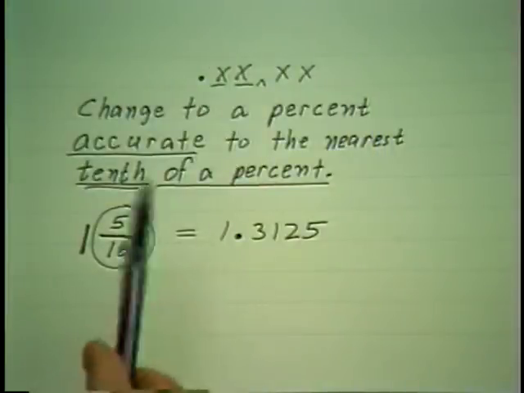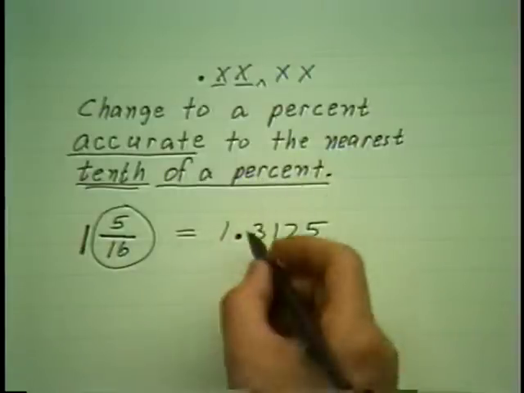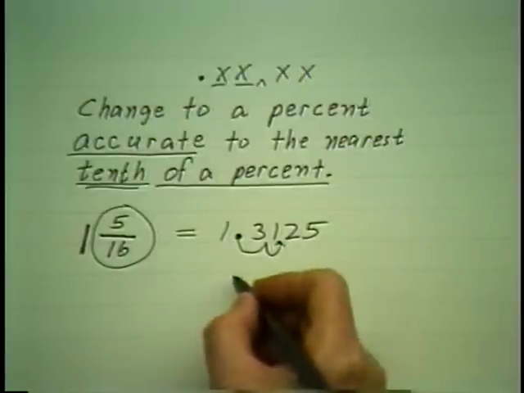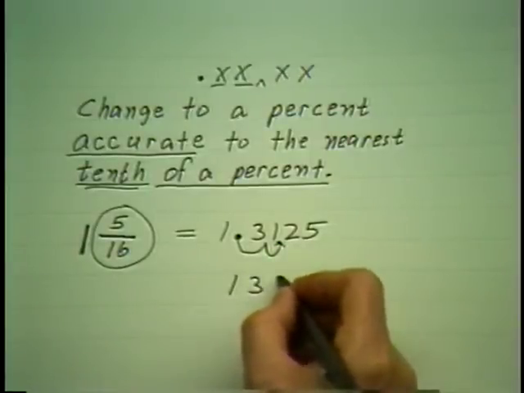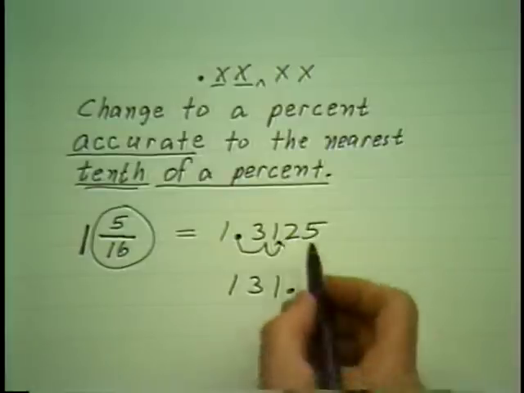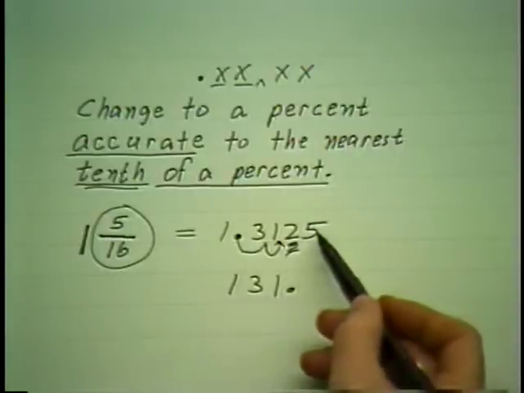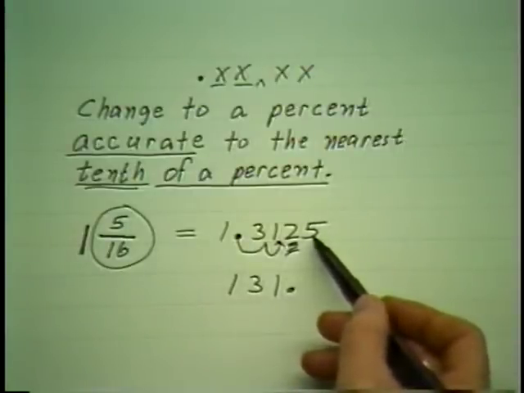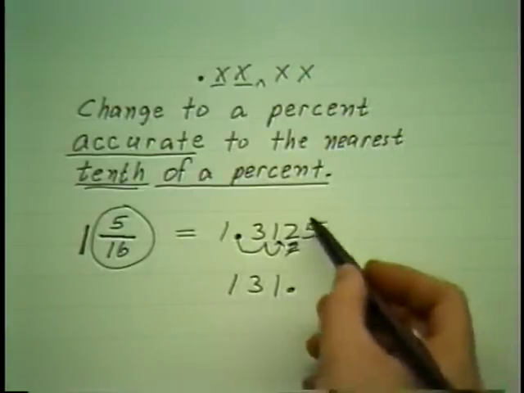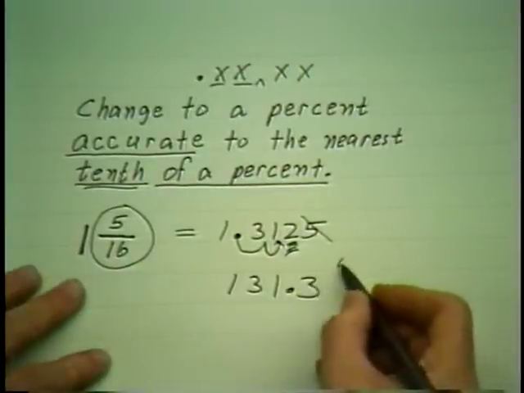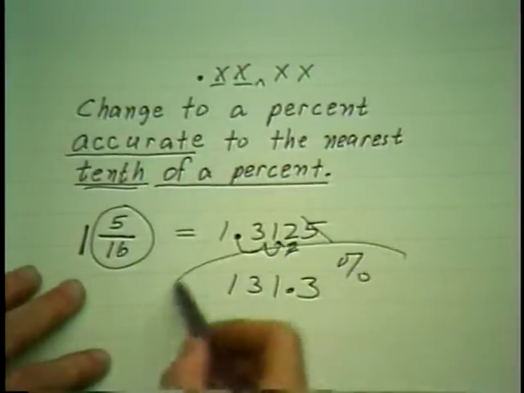Now we wish to change this to a percent, so we move the decimal point 2 places towards the percent. We get 131 point, but we want it to the nearest tenth of a percent. The digit just to its right is 5 or more, so we drop it and round this up, which gives me this as my percent.